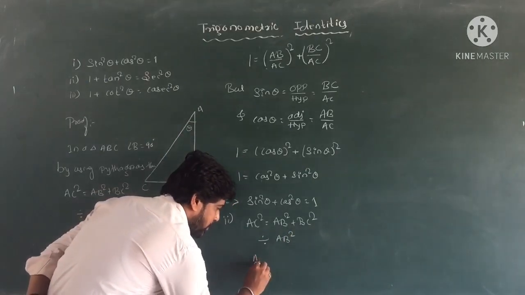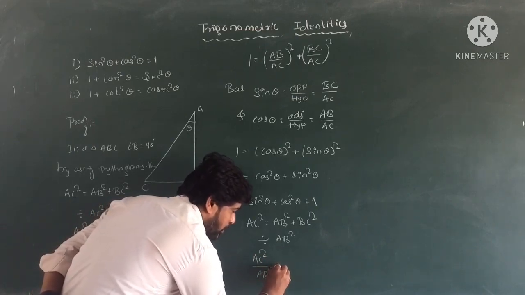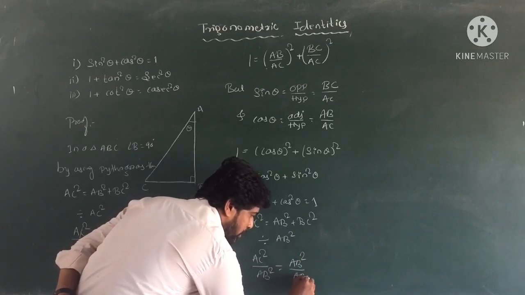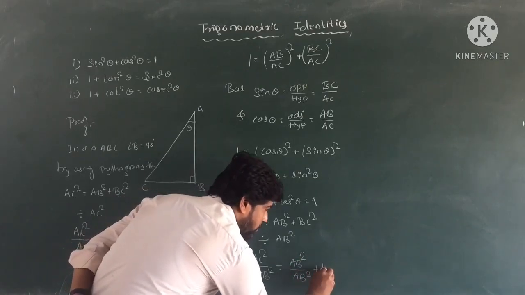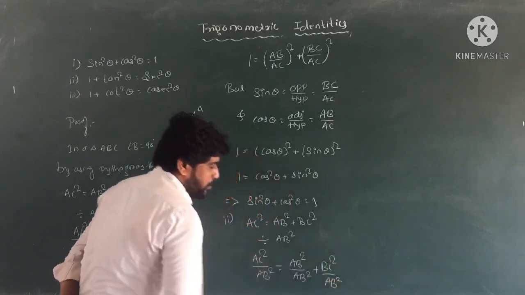So this becomes AC square divided by AB square is equal to AB square divided by AB square plus BC square divided by AB square.